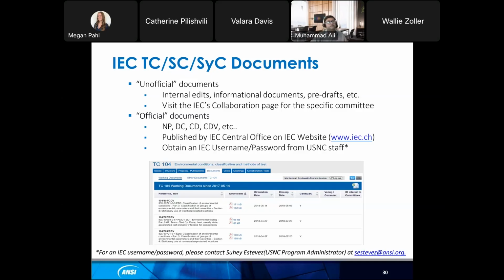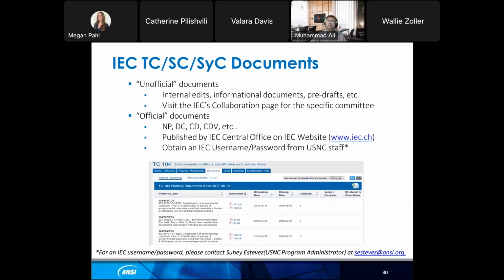Sometimes they are testing reports, sometimes articles, sometimes reports from other committees. These are all the documents that help you as an expert to make decisions on what goes into the standard and how to structure the working draft of the standard, right? So these are all accessible to you via the IEC collaboration platform if you are registered as an expert on the working group or the project team or the maintenance team.